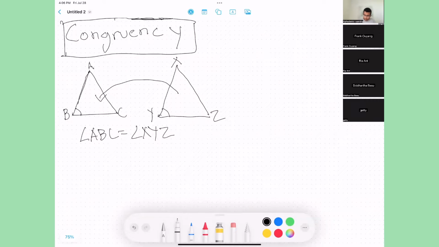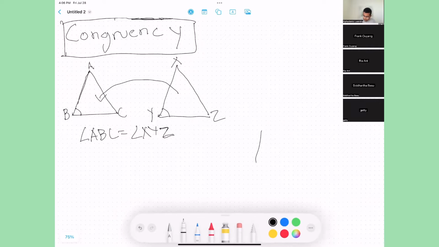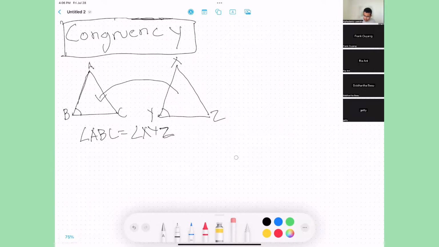So there are a few types of congruence theorems that I want to go over. First one is called SAS. So let me write it here, SAS, right?